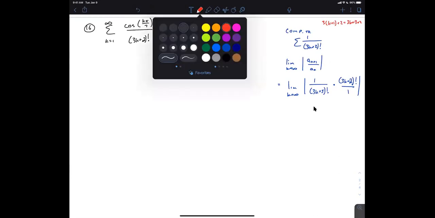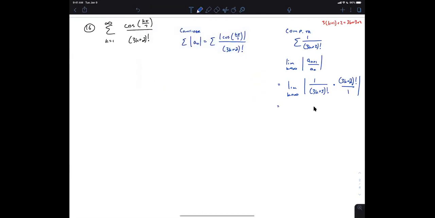All right. And so now you simplify that by breaking down the factorials, and we can drop the absolute value because everything there is positive. We break this down, and now the 3k plus 2 factorials cancel. So we get the limit as k goes to infinity of 1 over 3k plus 5, 3k plus 4.